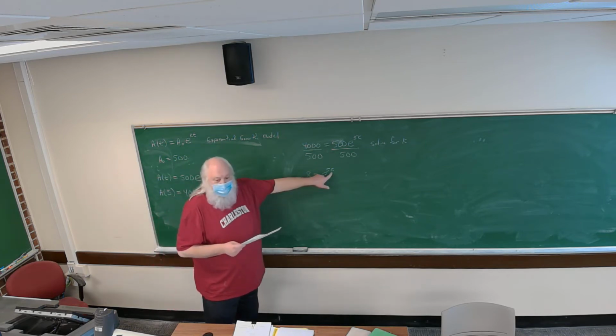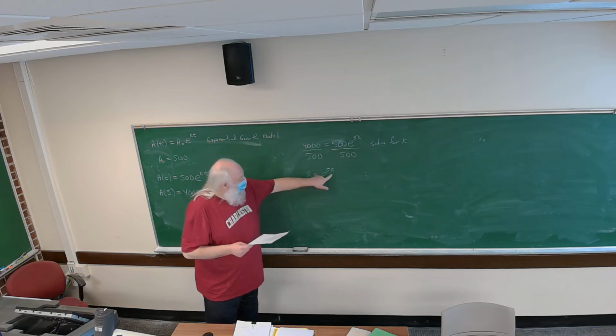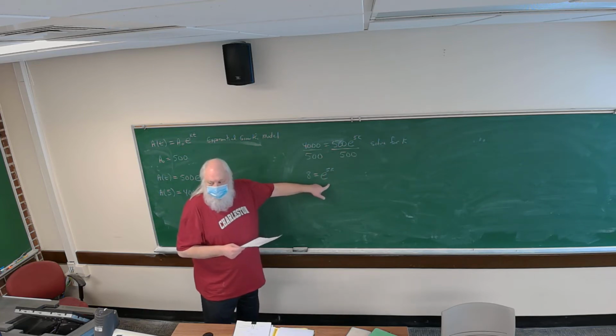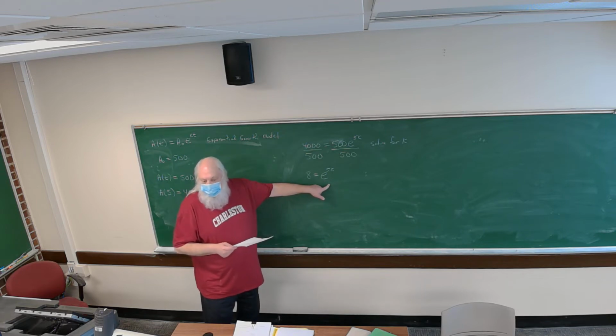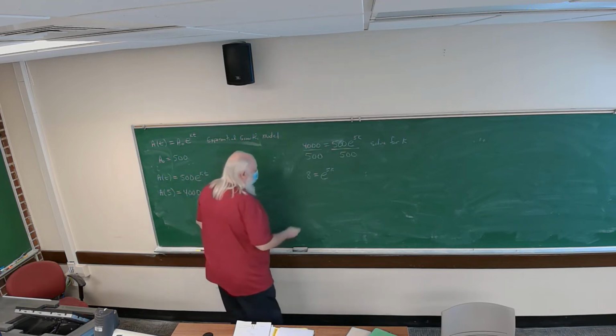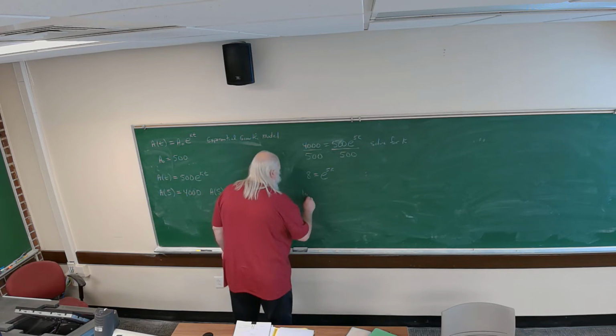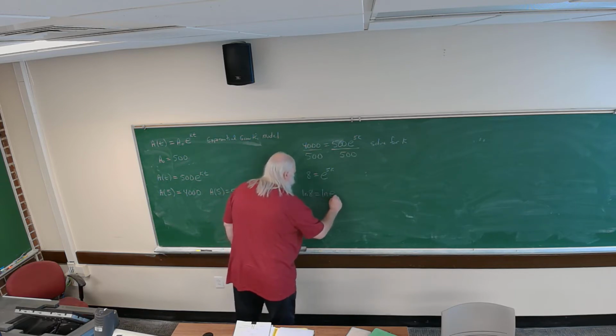We're solving for k, and k is in the exponent on the number e, right? So how do we get rid of the e? ln, right? Take the natural log of both sides. We have the natural log of 8 equals the natural log of e to the 5k power.